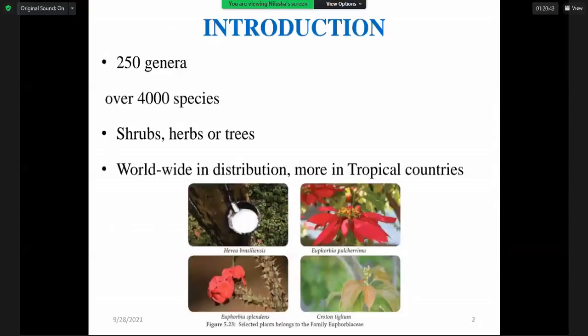Here they have 250 genera and over 4,000 species. This family also includes trees, herbs and shrubs.